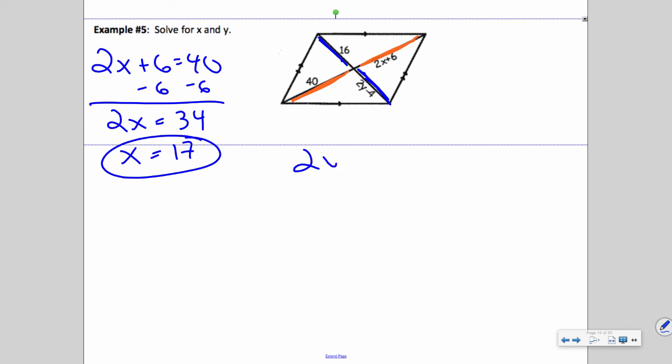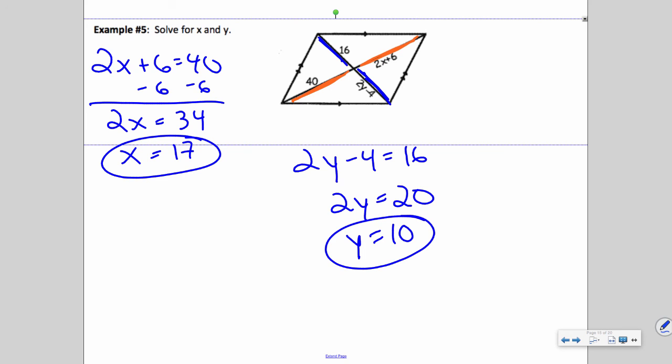And I would do 2y minus 4 equals 16. And I would solve there. Now in this case, the directions just say solve for x and y, which I have done here by just solving an algebraic equation. So use these theorems again.